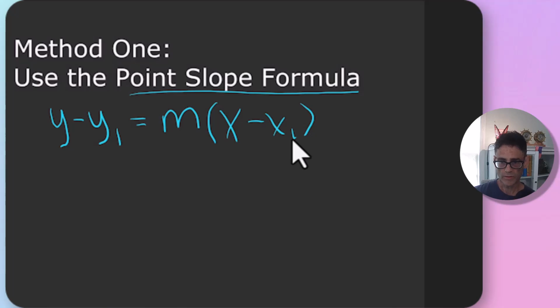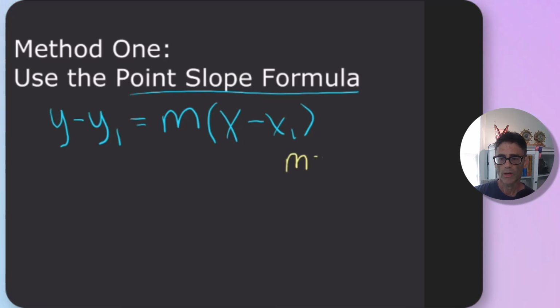Remember, m is the slope, and the coordinate I called coordinate 1 has an x coordinate, x1, and a y coordinate, y1. I'm going to take that information and plug it right into this formula. It's going to be nice and straightforward.